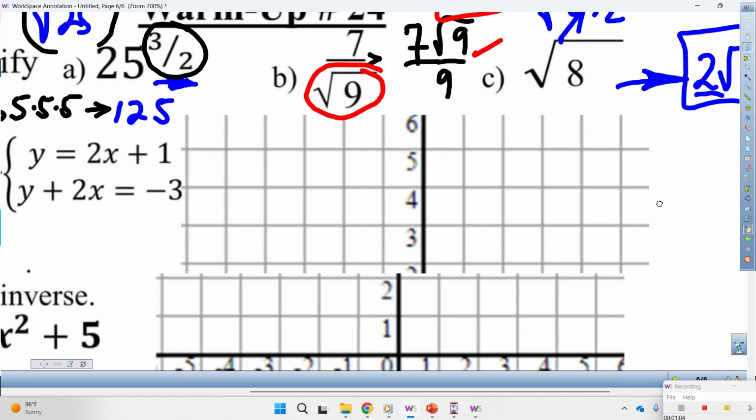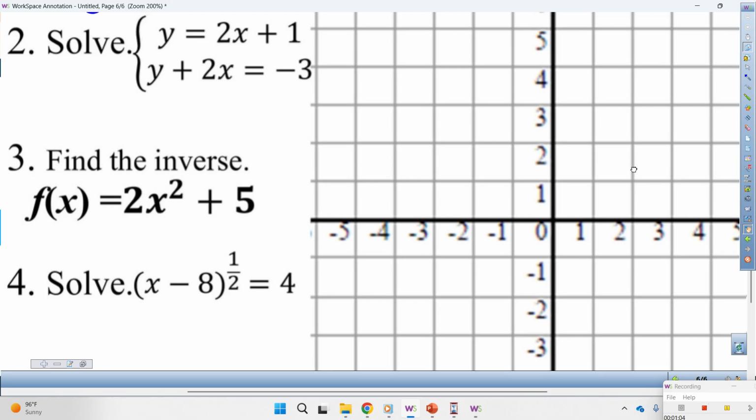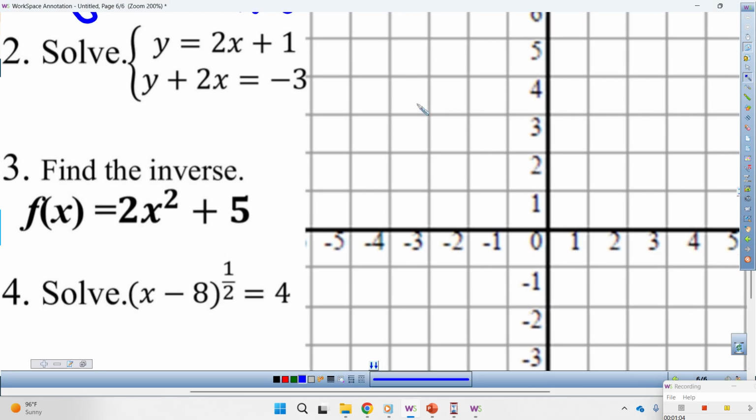All right. Not bad. Let's go to number 2. Show your neighbor your graphs and what the solution was for that one. And then we're going to have Carlos pass it to someone so they can help us graph this. Miguel, get us started. The top one. Where do we start?